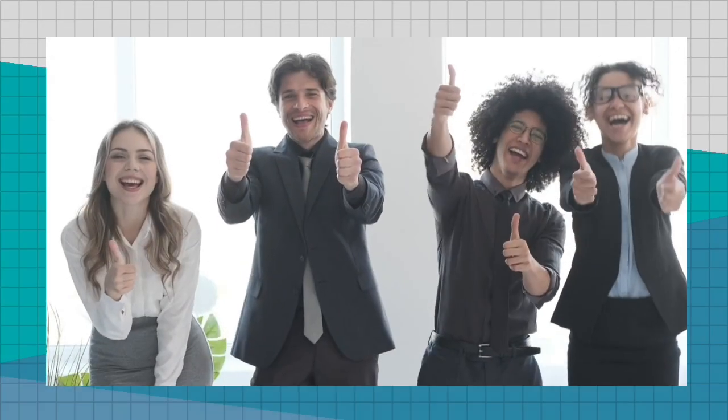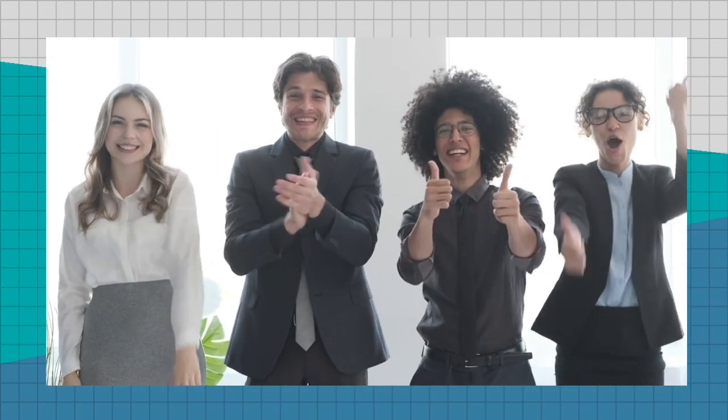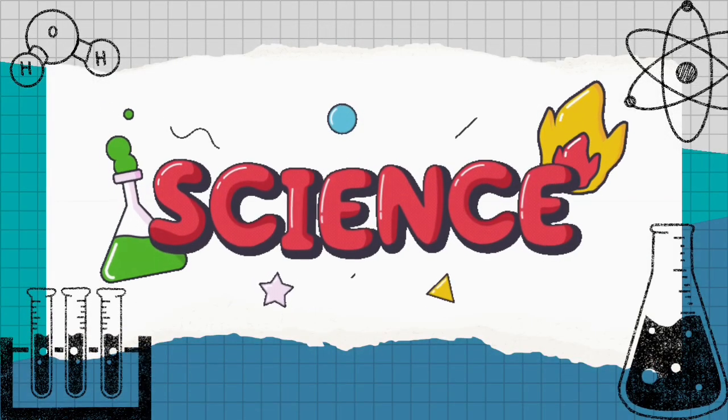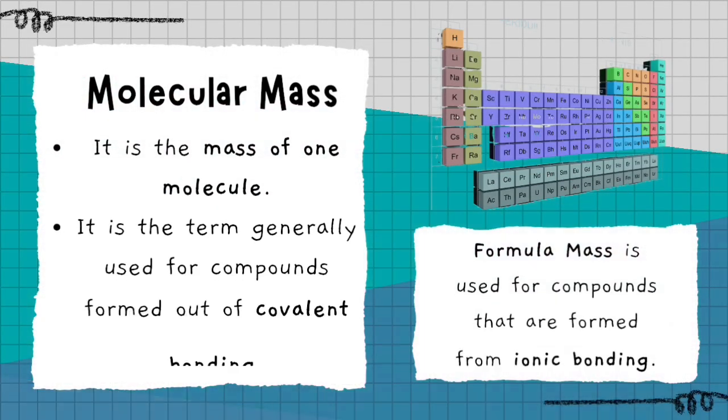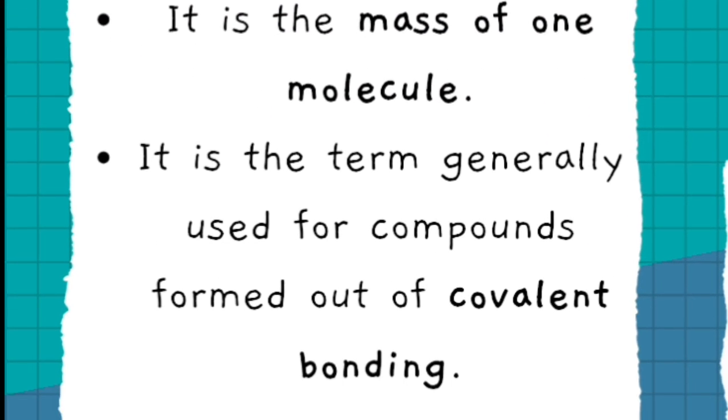Very good! Now that you know about atomic masses, let's proceed to the molecular mass. Molecular mass is the mass of one molecule. It is the term generally used for compounds formed out of covalent bonding.